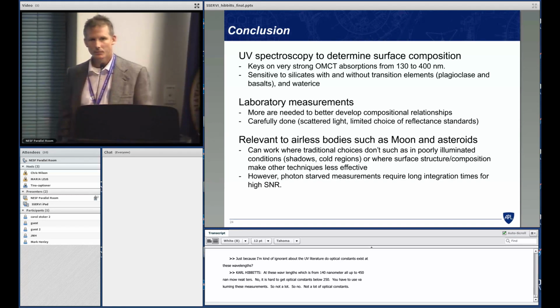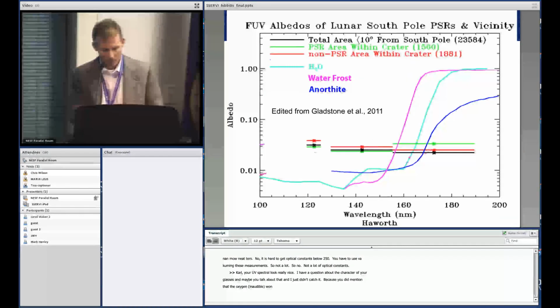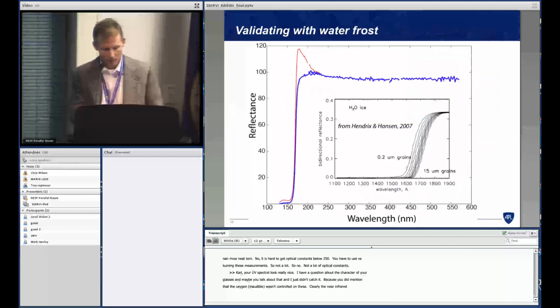Carl, your UV spectra look really nice. I have a question about the character of your glasses, and maybe you talked about that and I just didn't catch it. Because you did mention that the oxygen fugacity wasn't controlled on these. Clearly, the near-infrared spectra of glasses are very dependent on the oxygen fugacity.